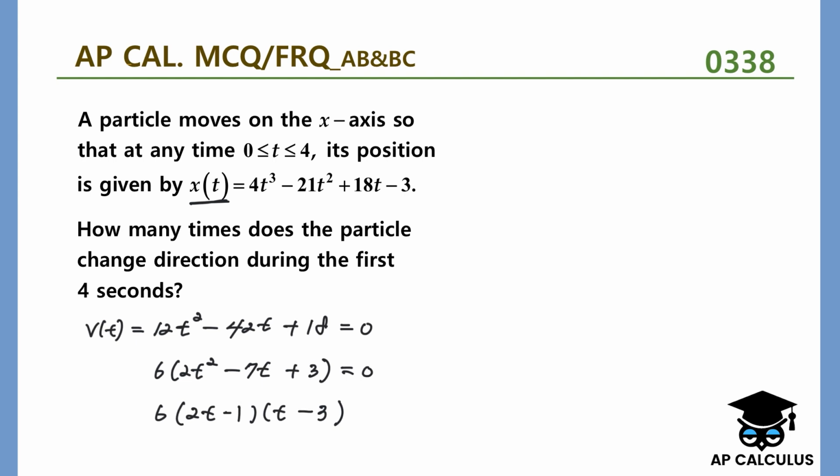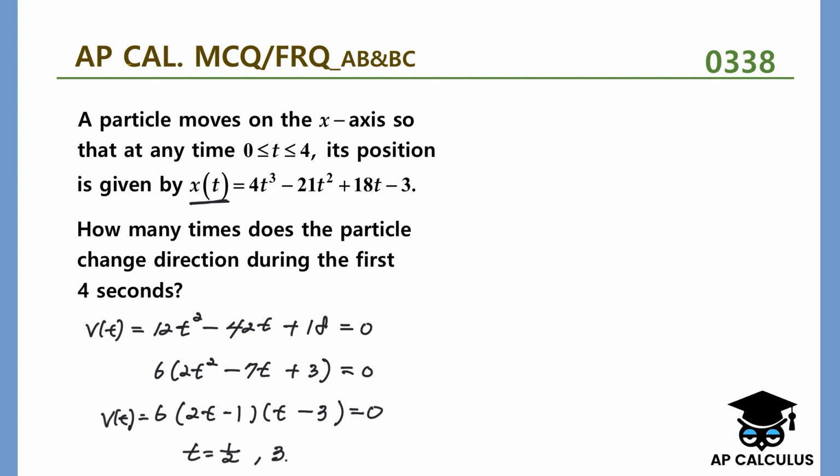So negative 1 times t, that's negative 1t, 2t times negative 3, that's negative 6t. So the sum of those two terms is negative 7t, right? So this is equal to 0. So velocity is equal to 0 when t is equal to 1/2 or t is equal to 3, right?